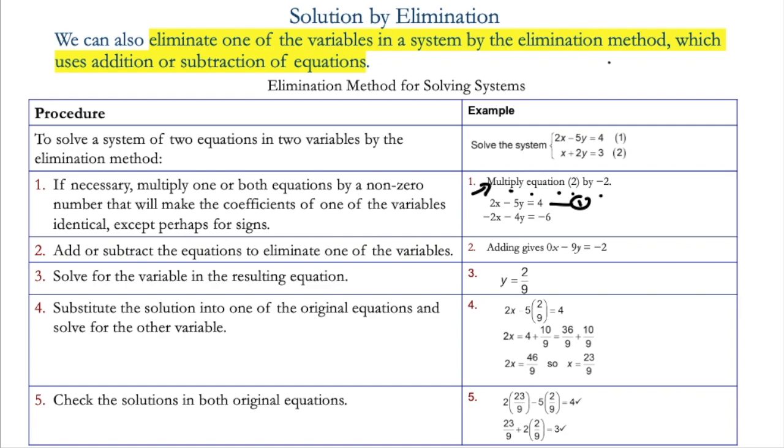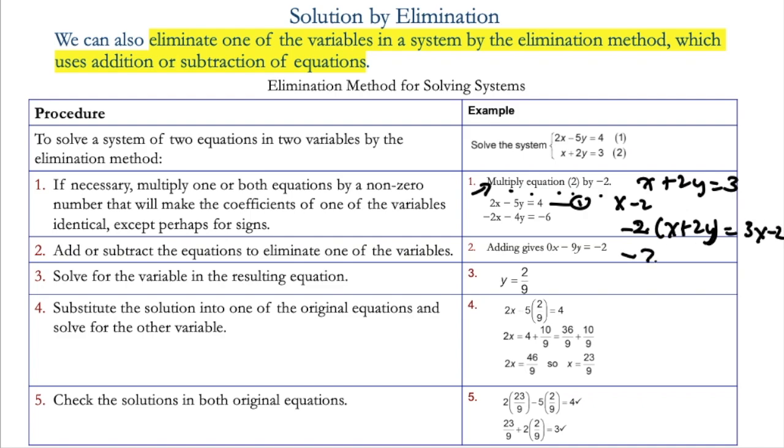Okay, so here multiply equation 2 by minus 2. So you have equation 2 here, x plus 2y equals 3, multiply by minus 2, it becomes minus 2 times x plus 2y equals 3 times minus 2.